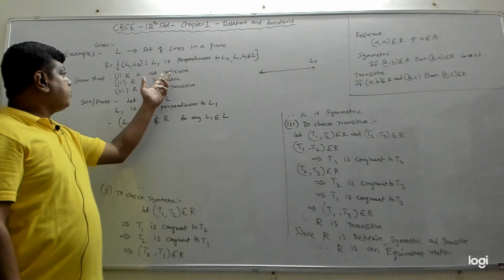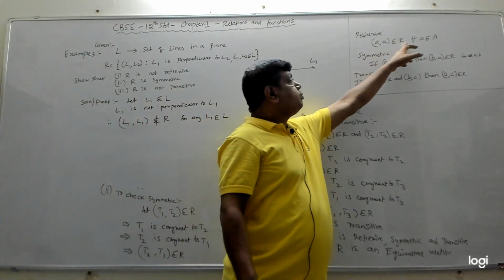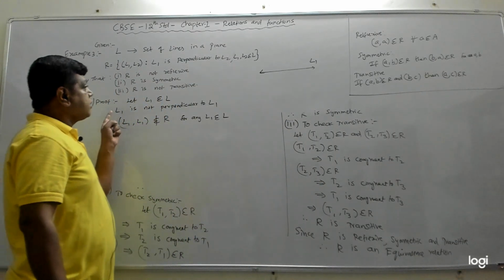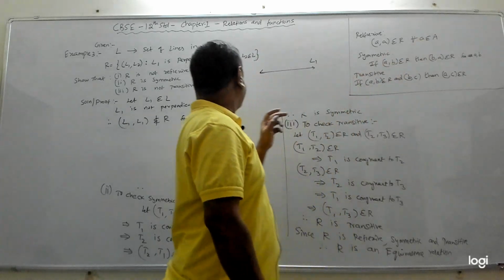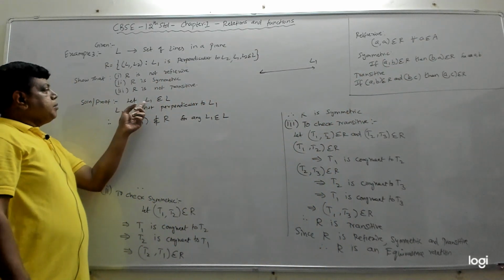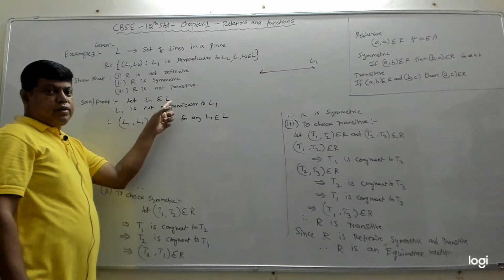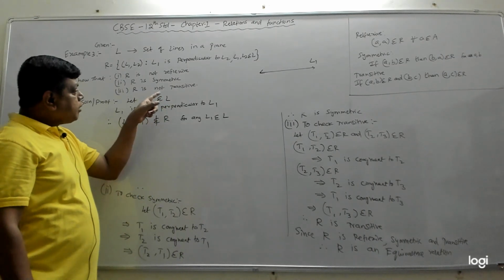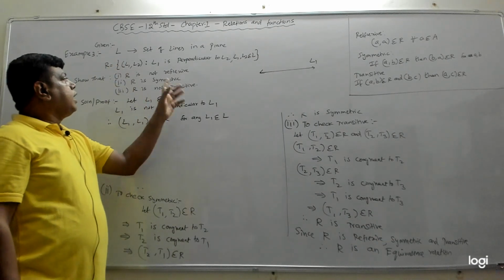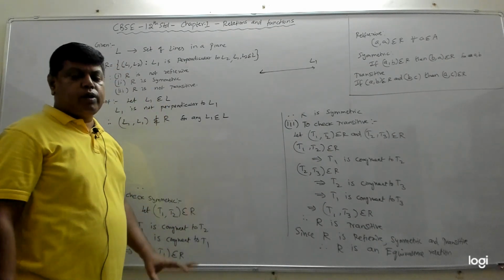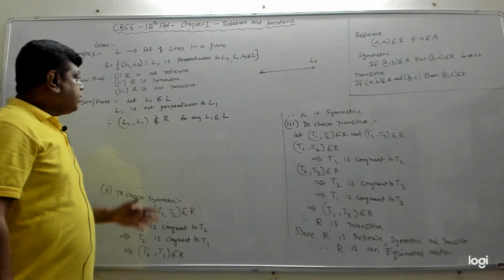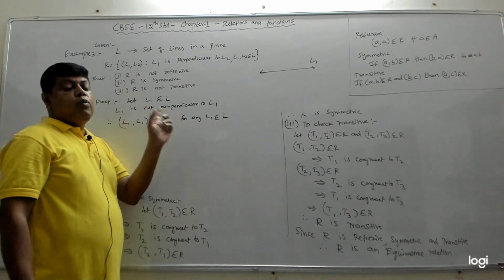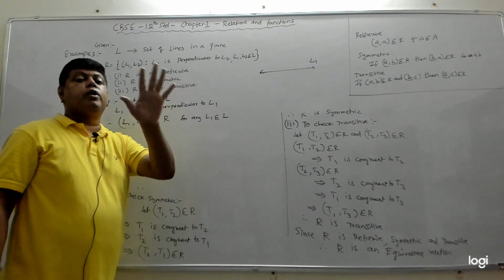For reflexive, what is the condition? A comma A should belong to R, which means if I take an element, this is my small a, any element from the set A, here the set is L. Then I should prove L1 comma L1 belongs to R, and we can say R is reflexive for every L1 in L. But to prove that L1 is related to L1, we should prove L1 is perpendicular to L1.